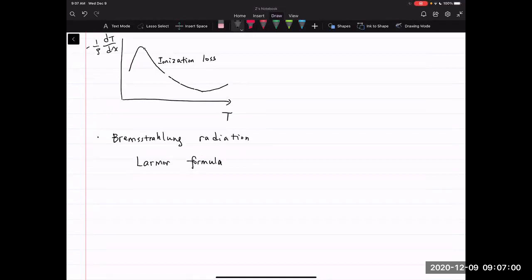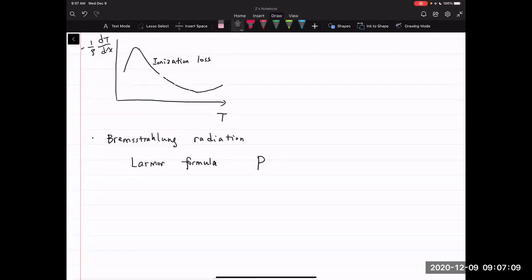The only result we need is this Larmor formula. The electromagnetic radiation power generated by the moving charged particle is mu naught times q squared times a squared divided by 6 pi c.